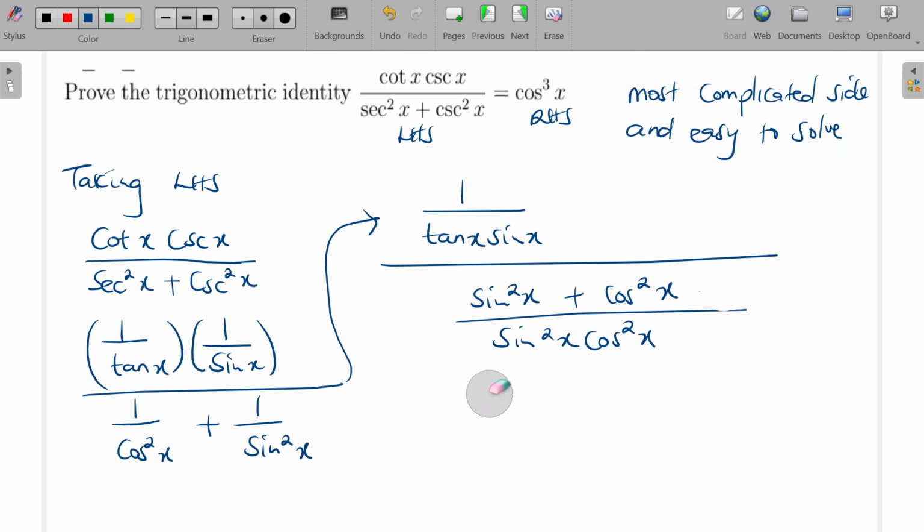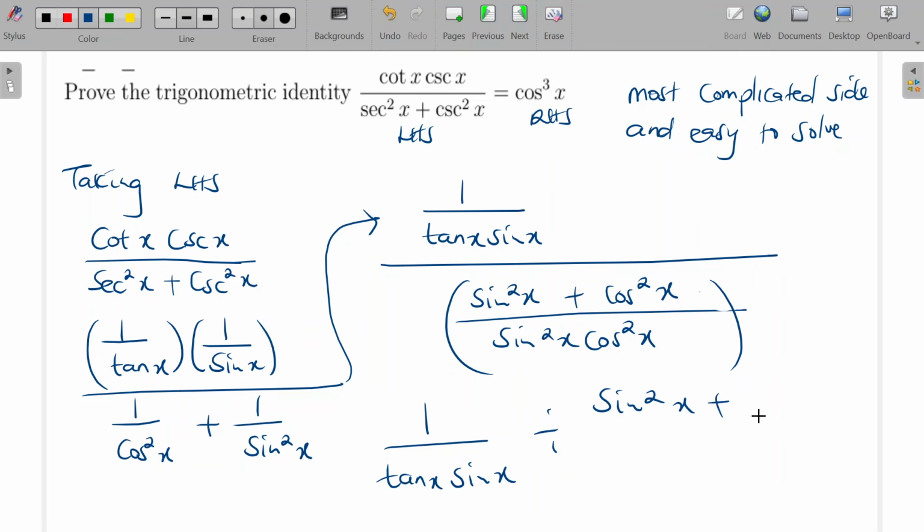So we're going to replace this part with 1. For easy solving, I'll say 1 over tan x sine x divided with sine squared x plus cos squared x over sine squared x cos squared x.